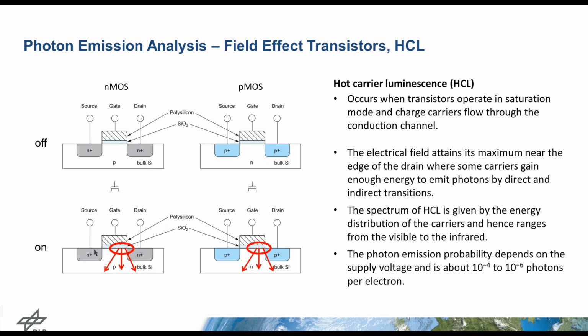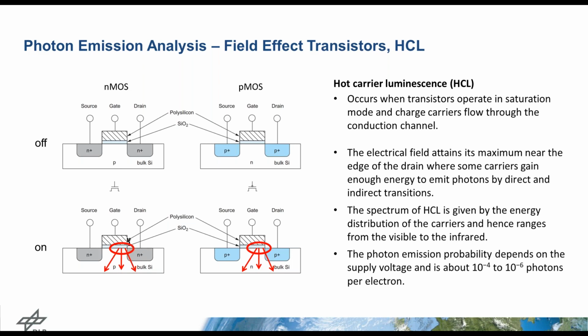And by the transition, the electrons gain energy. Close to the drain, they gain so much energy that they can emit a photon by direct or indirect transitions. So from that, it's also clear that the properties of this photon emission depend on the voltage level.